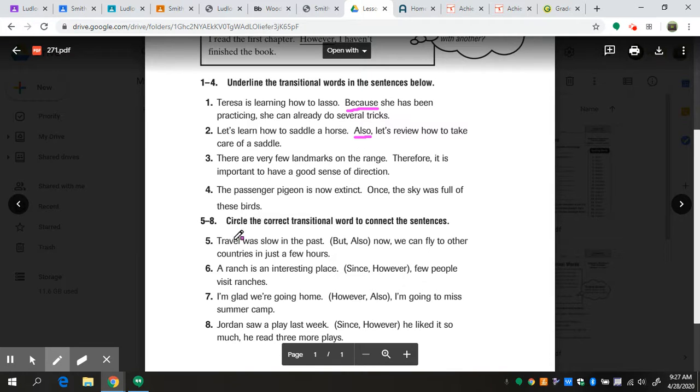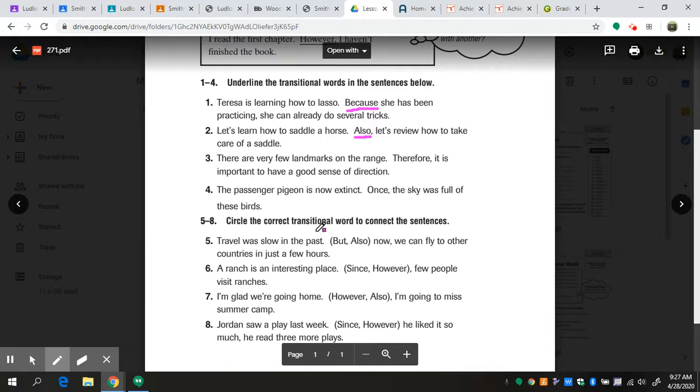For 5 through 8, we are circling the correct transitional word to connect the sentences. Travel was slow in the past, blank. Now we can fly to other countries in just a few hours. So I'm choosing between the word but or the word also. Like I mentioned before, also indicates to me that there's something else that we need to be doing.